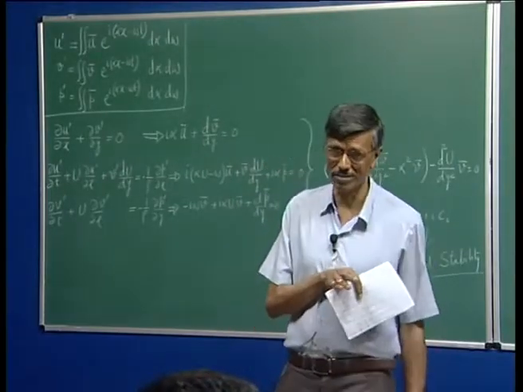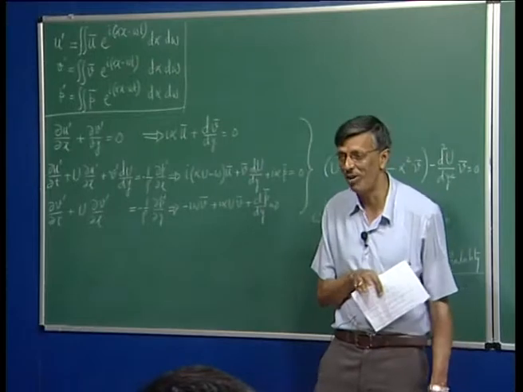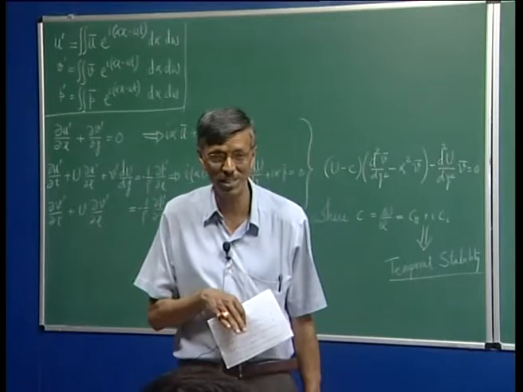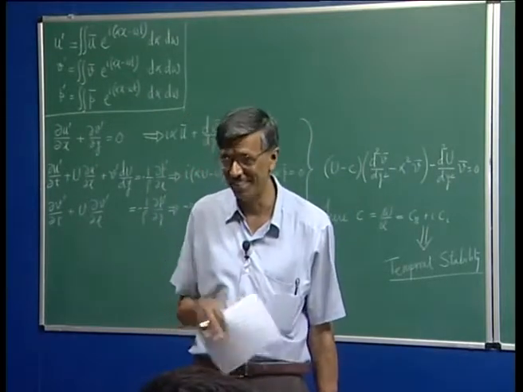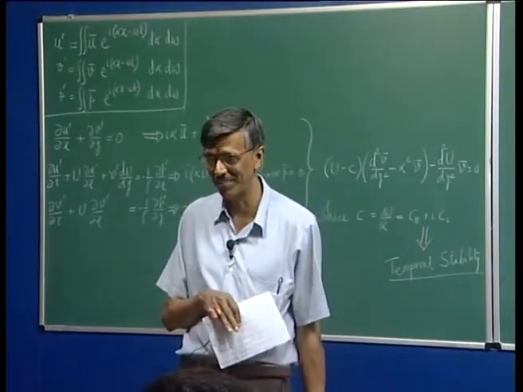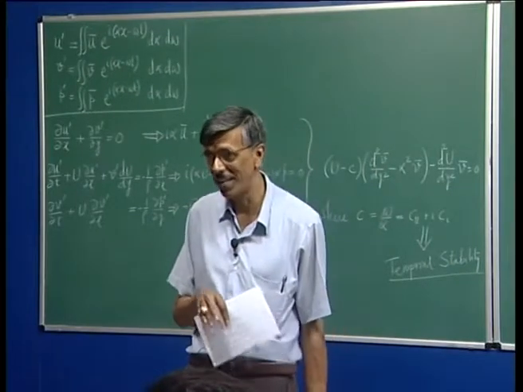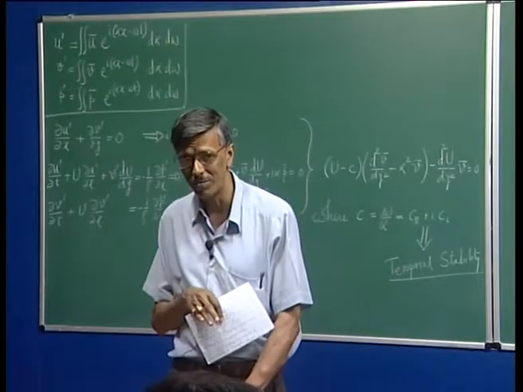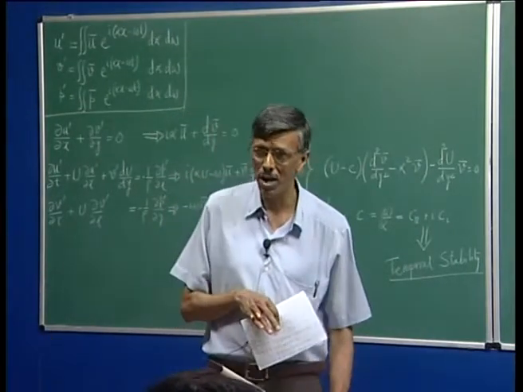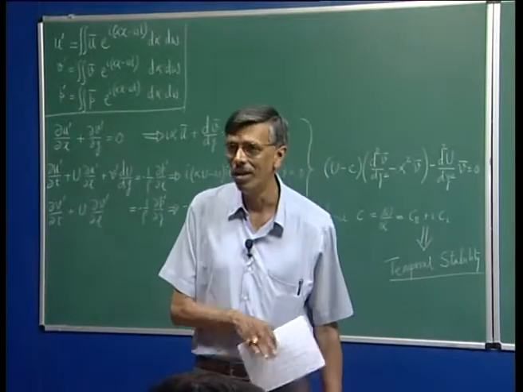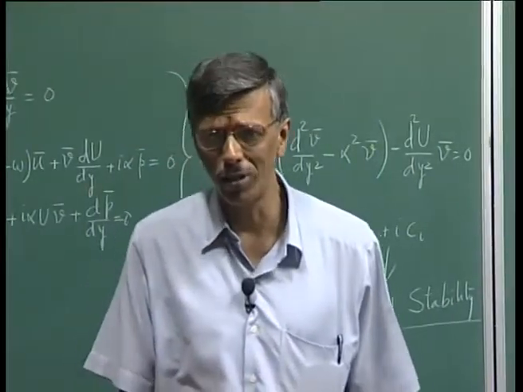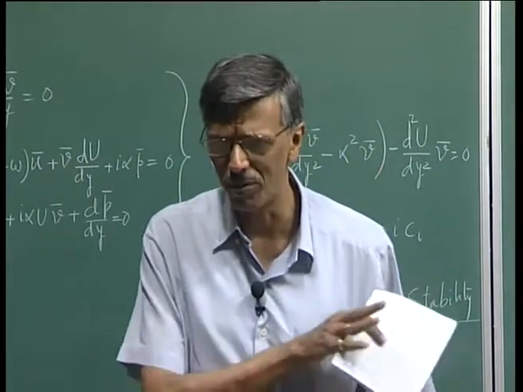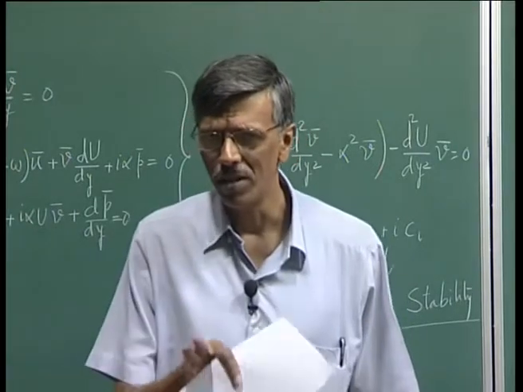But please be aware that a priori you do not know if the disturbance has to go in the positive x direction. It can go in the opposite direction, negative x, right. If it does so, that same alpha i which I called stable for a downstream propagating disturbance will become unstable for an upstream propagating disturbance. For the time being, I will go with the results that are given in most of the books, except the one that we have written recently.